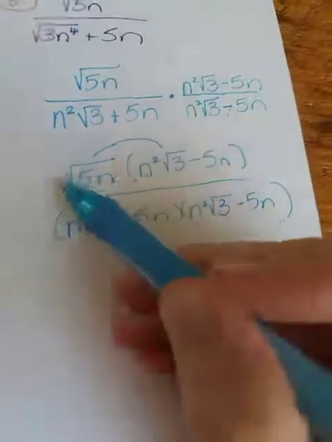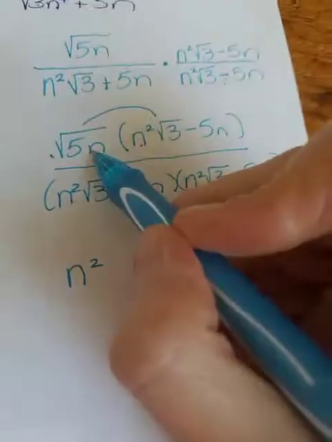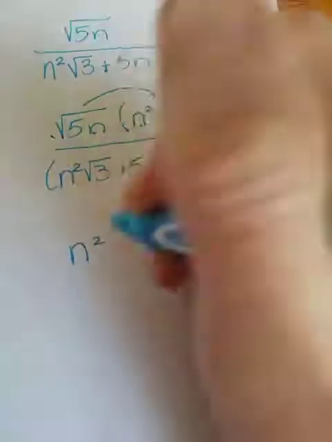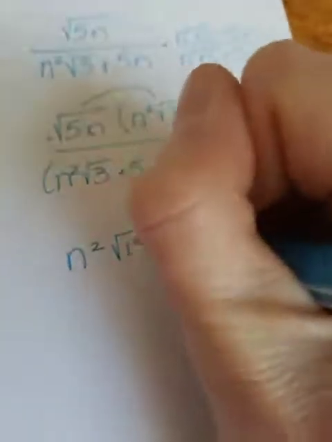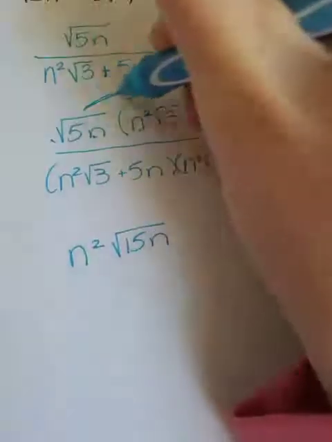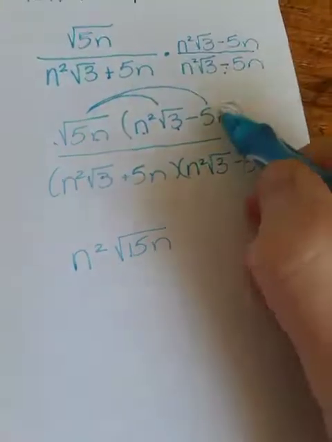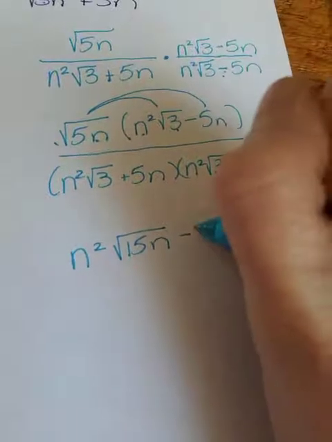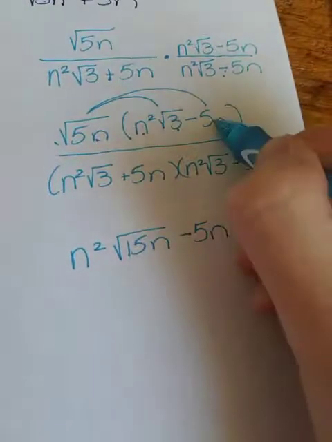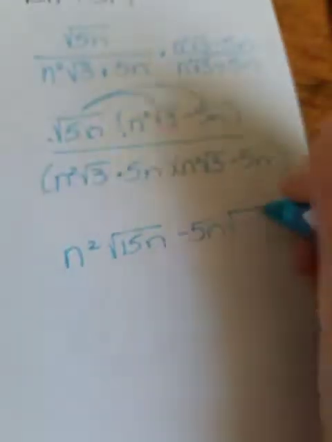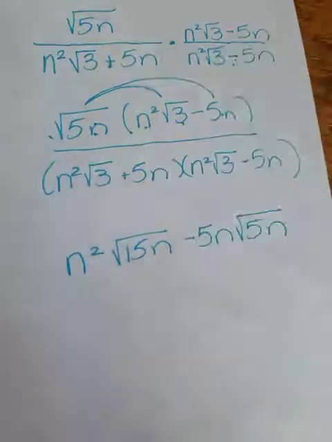This is really n squared times 1. So that's n squared. Root 5n times root 3, that's going to be root 15n. Okay, now I have to distribute this in here. There's no radical over here, so this will just be minus 5n, because of this 5n, times, a lot of 5n's going on, root 5n.